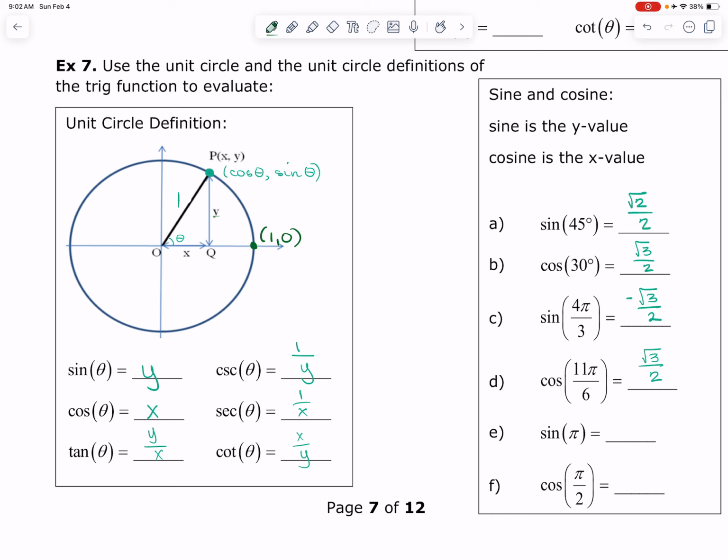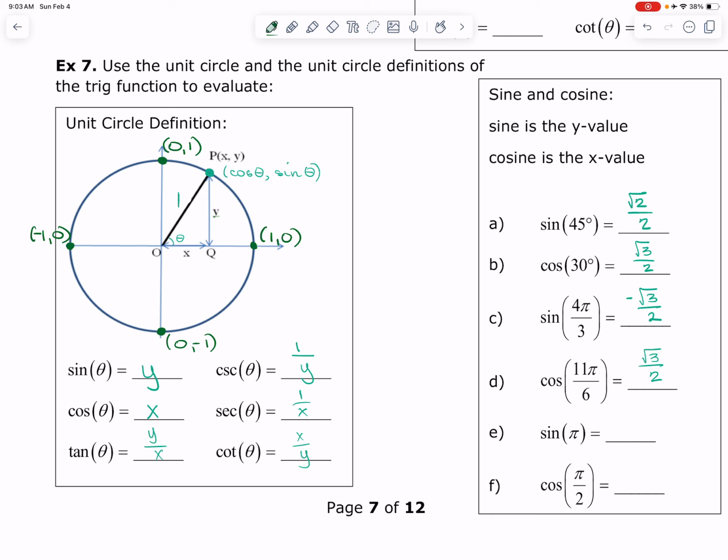My 0 degree angle or 360 all the way around are going to have coordinates 1, 0. My 90 degree angle here, I'm at 0, 1. My 180 degree angle, I'm at negative 1, 0. And my 270 degree angle, I'm at 0, negative 1.